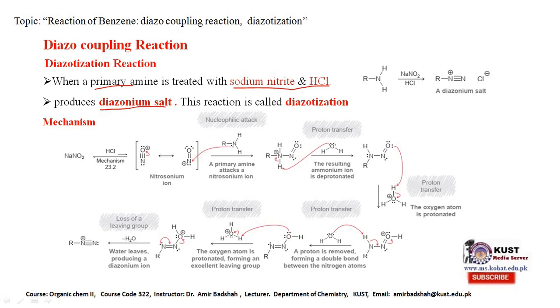After the formation of this species, the oxygen leaves in the form of water and we get this diazonium cation. So this is the overall mechanism of the reaction. In simple terms, a primary amine is treated with sodium nitrite and HCl to form a diazonium salt. Such a reaction is called a diazotization reaction.